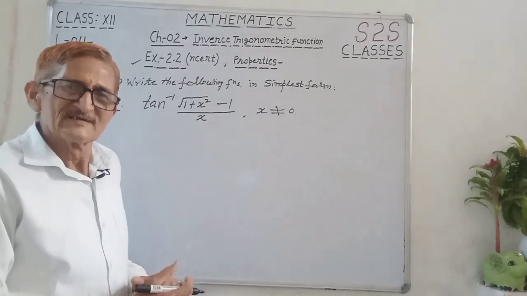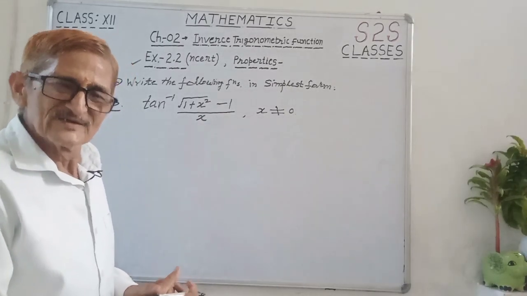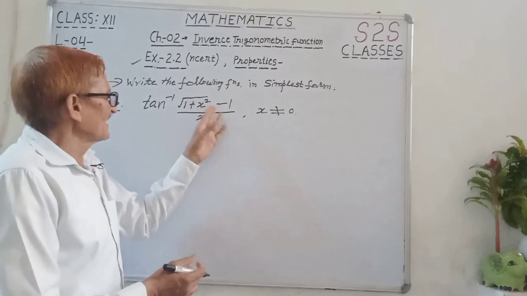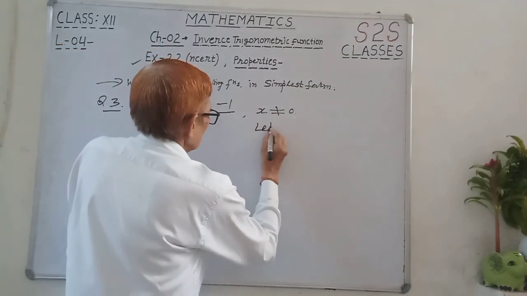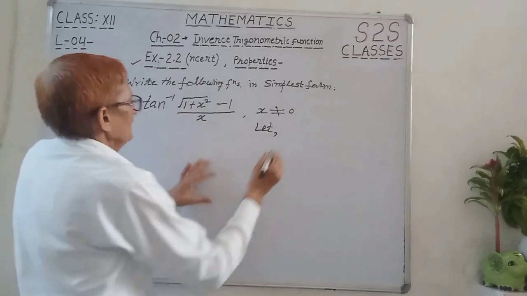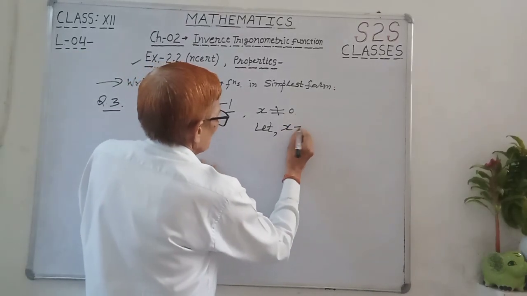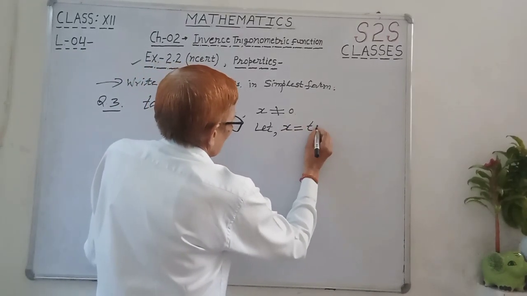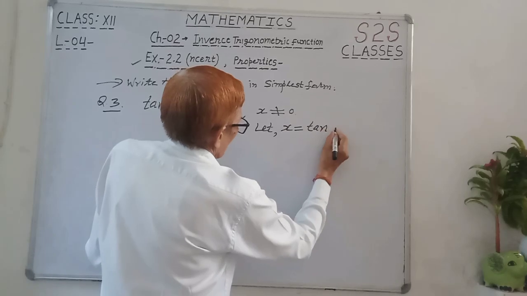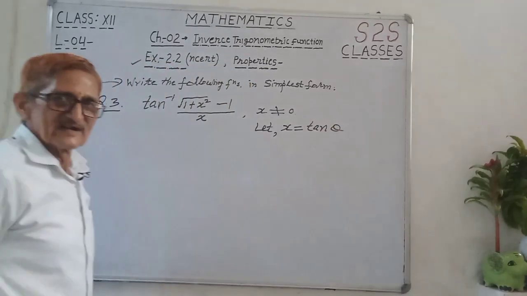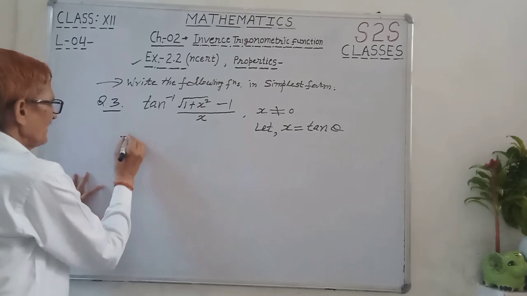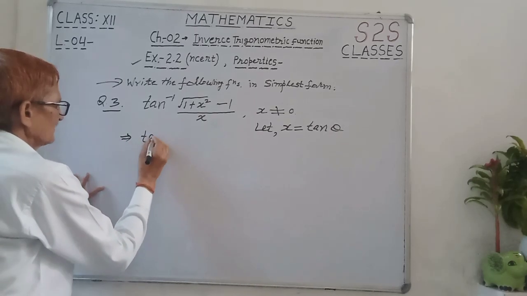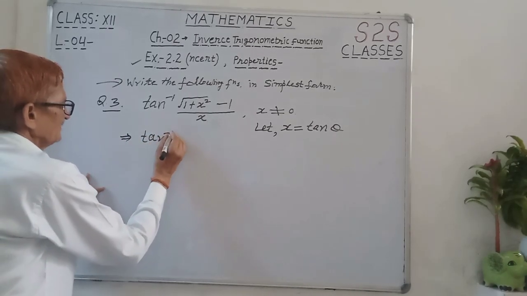Okay, clear? Now 1 plus tan square we are taking, so let us substitute x equal to tan theta. X is equal to tan theta. So what will come? Simplify.